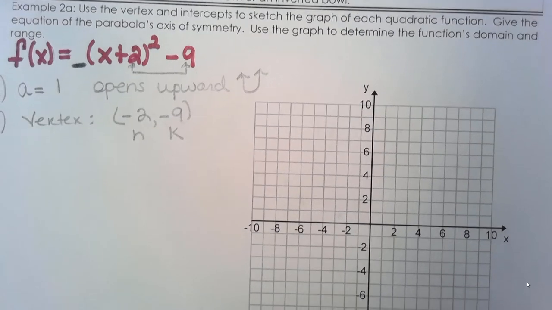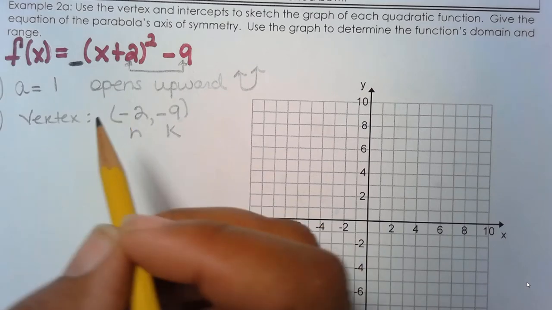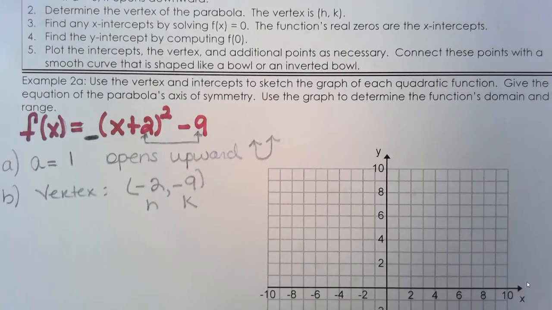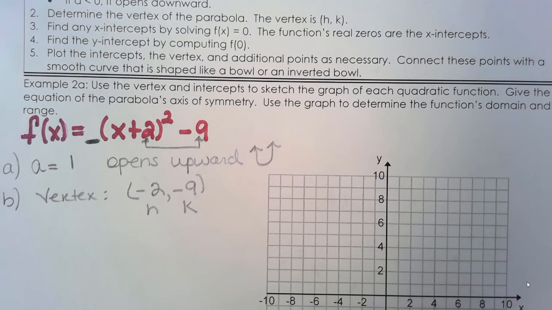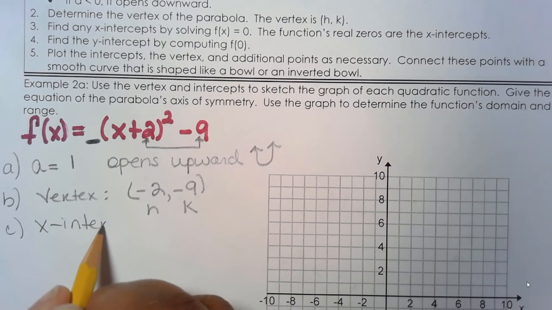Next, let's graph. We want to find some intercepts. Now, it says here, find any intercept by solving f of x is equal to 0. The function's real zeros are the x-intercepts. So what this means, we want to find the x-intercepts.